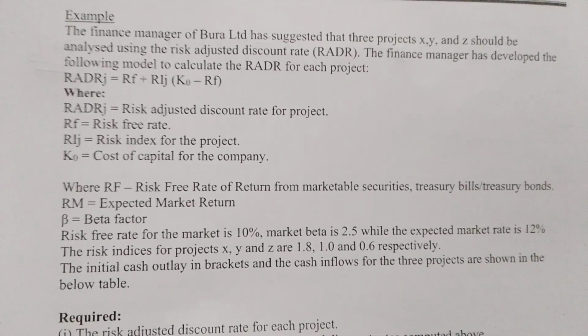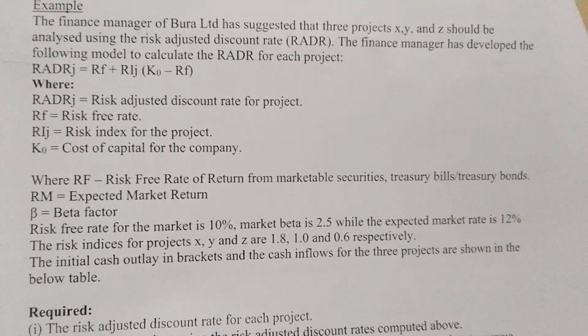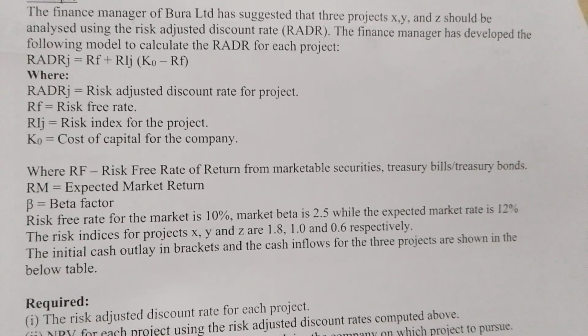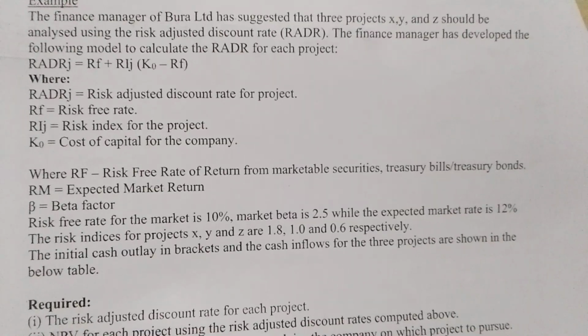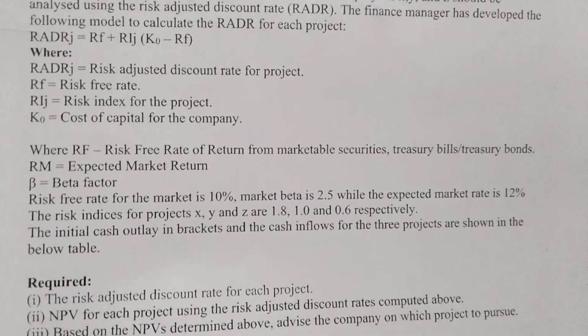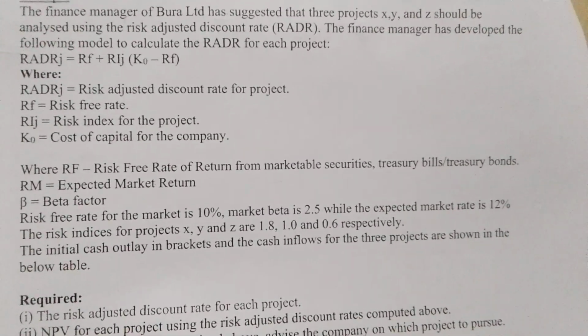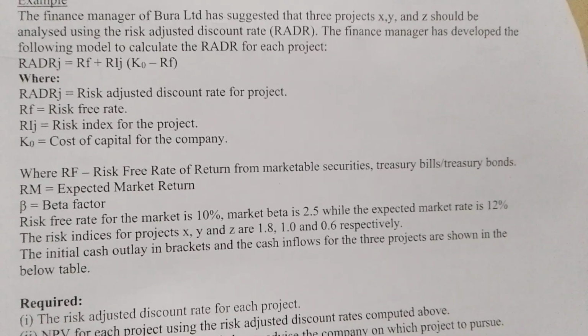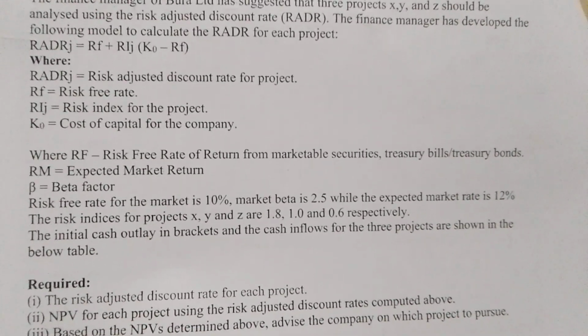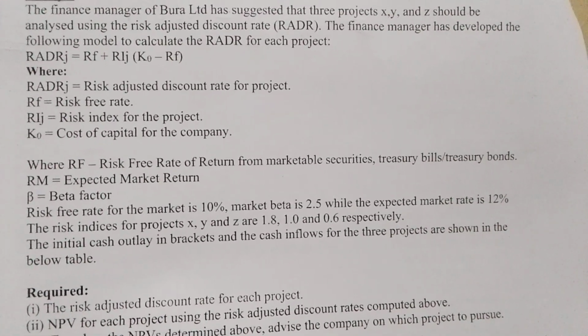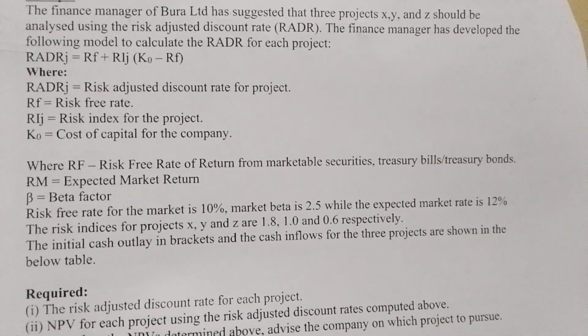So RF is risk-free rate of return from marketable securities like treasury bills and treasury bonds. Note that risk-free rate applies to those securities which are riskless, like treasury bills and treasury bonds.